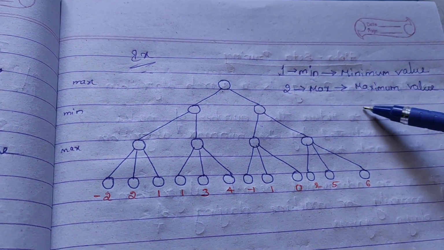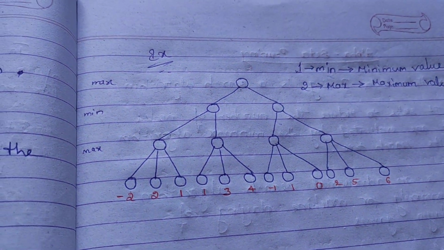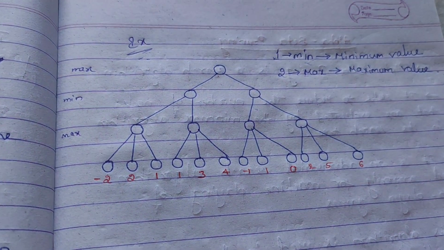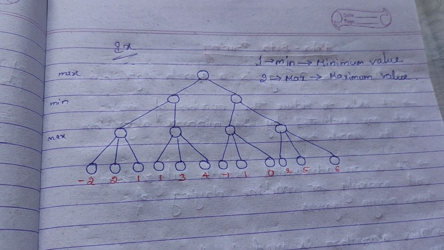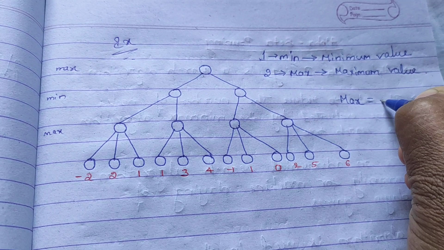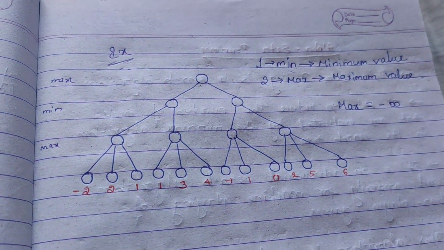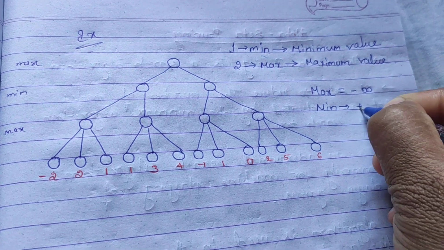The default value of the maximum and minimum is nothing but we have to always take the worst case only. By default we take the worst case. So for maximum, the worst case means minus infinity, right? For minimum, the worst case is plus infinity.